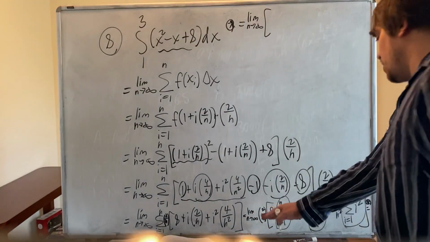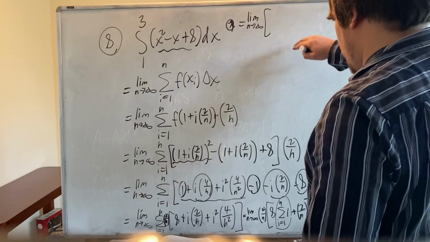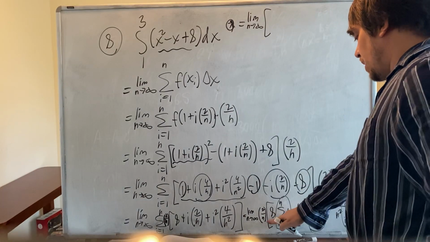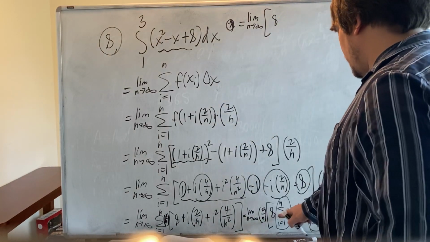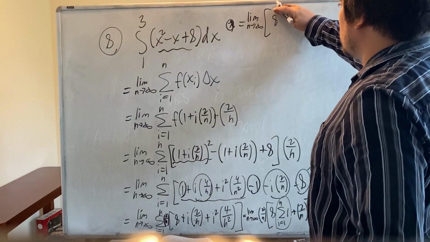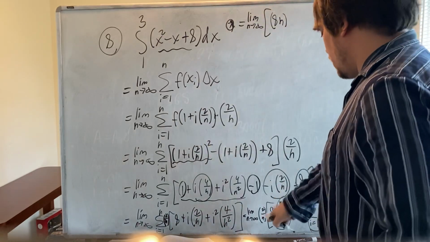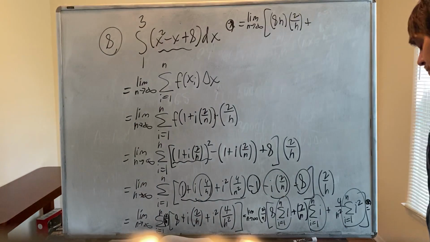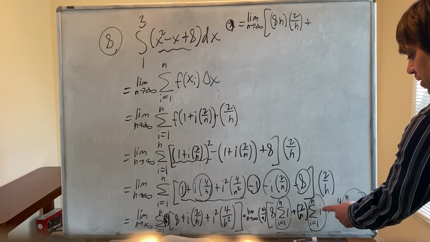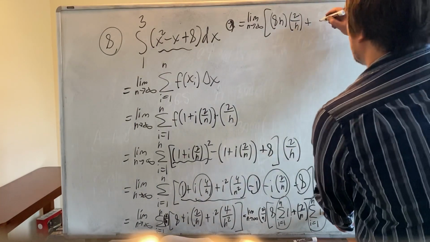And so this limit is equal to the limit. Now, we're going to multiply the 2 over n. So this is n, so you get 8 times n times the 2 over n here, plus the sum of i from 1 to n is n times n plus 1 over 2.